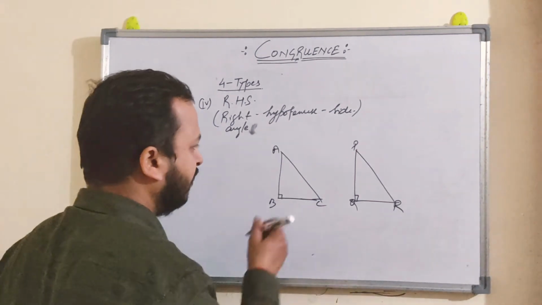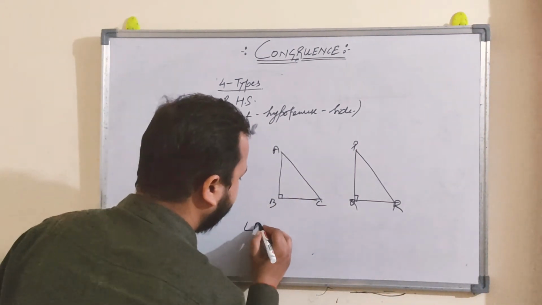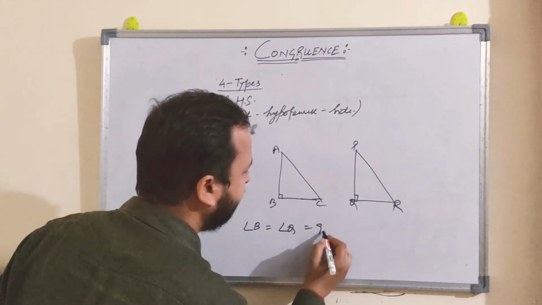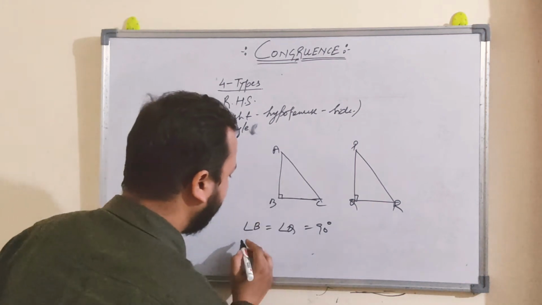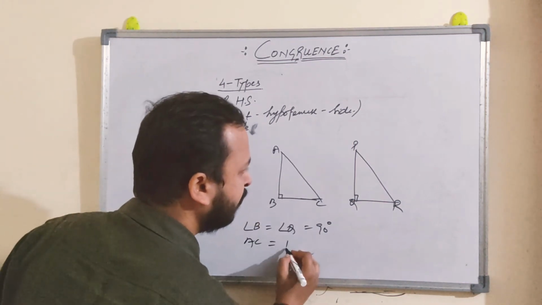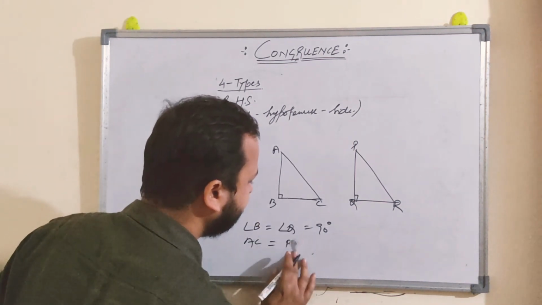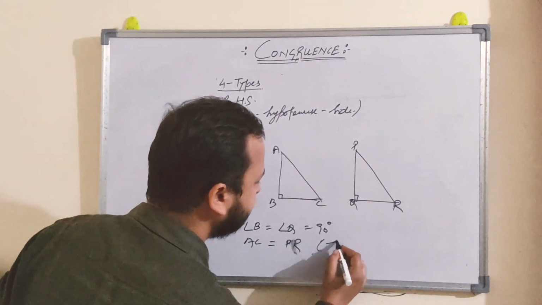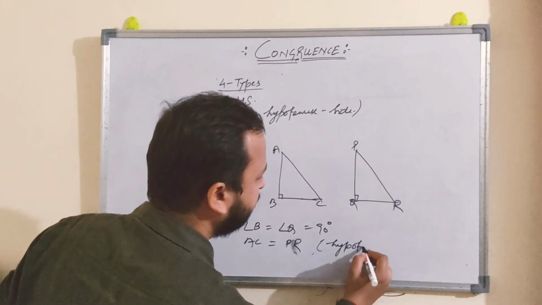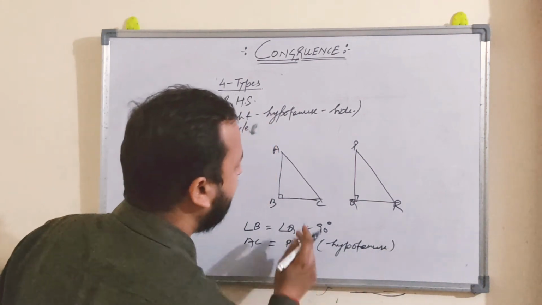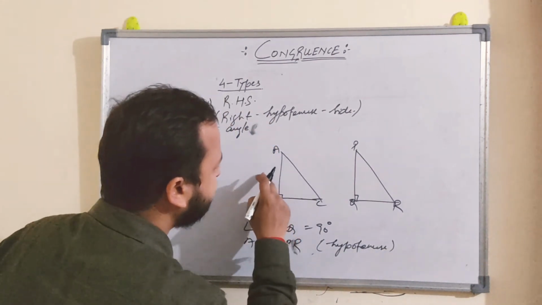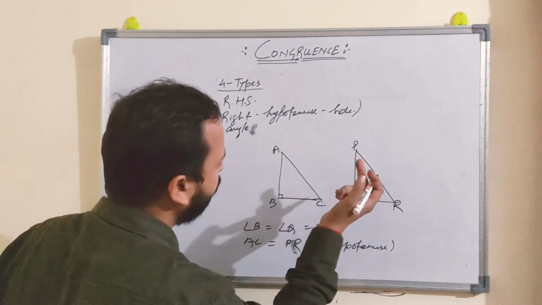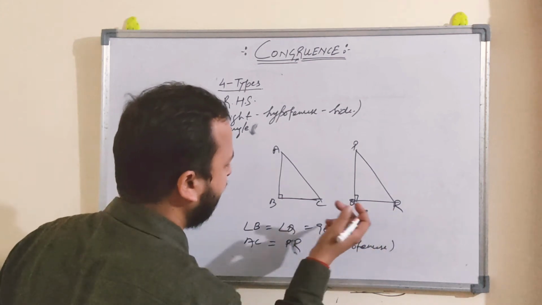So if angle B is 90 degree, angle B is equal to angle Q because they are 90. Hypotenuse AC is equal to PR, and this is the hypotenuse. And suppose one side is given, if they can give this AC and PQ, you can take it, or BC and QR.